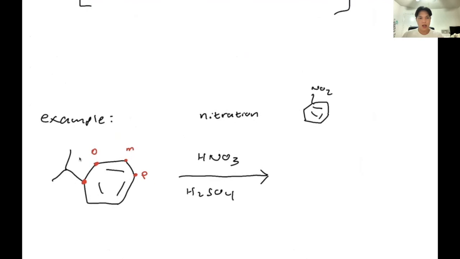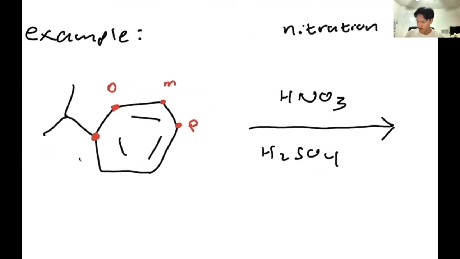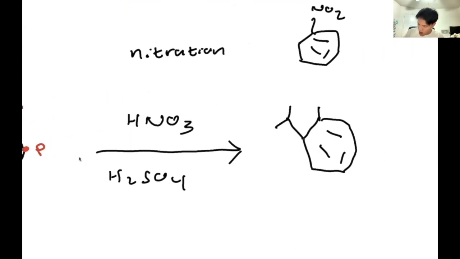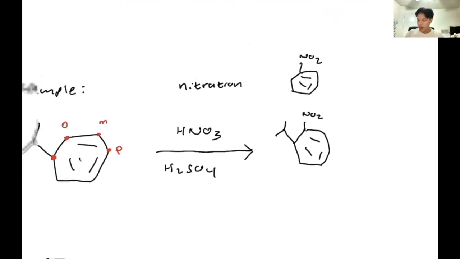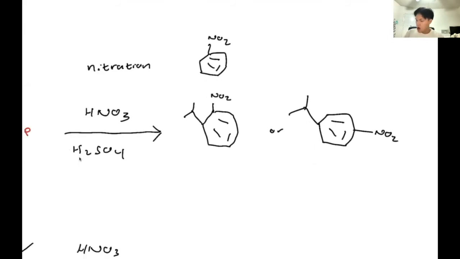So let's add the NO2 ortho first. The NO2 is going to be right here, right? And then we can add it para as well. So out of these two, which one do you think will be the major product?